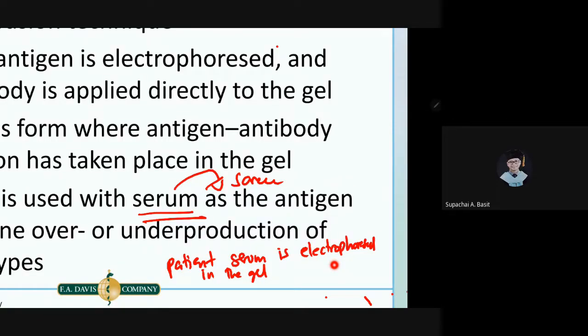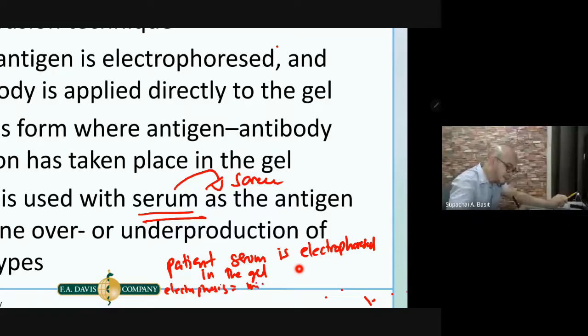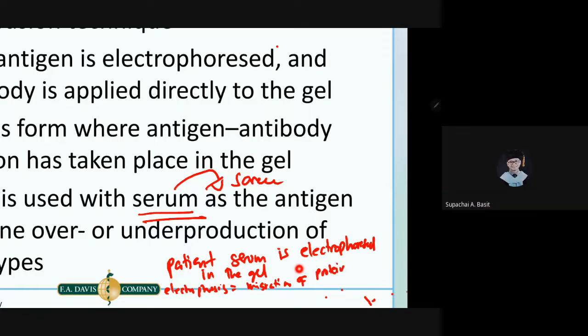Here in immunofixation electrophoresis, by the way, the principle of electrophoresis is the migration of protein in an electrically charged field.